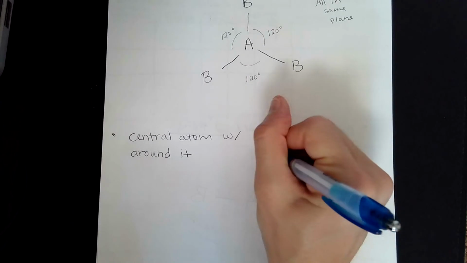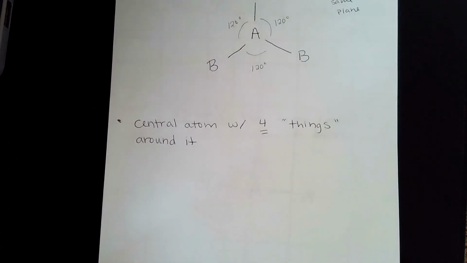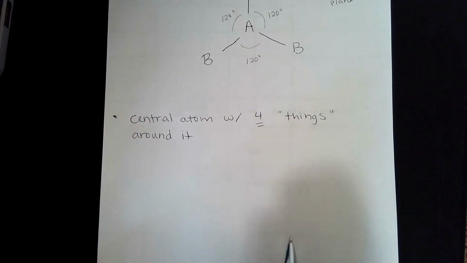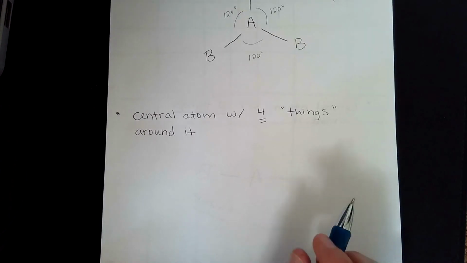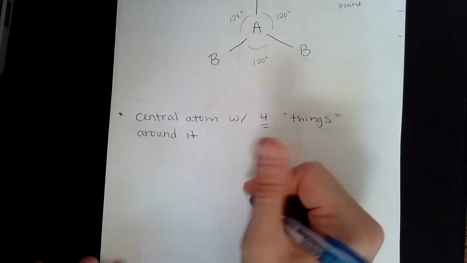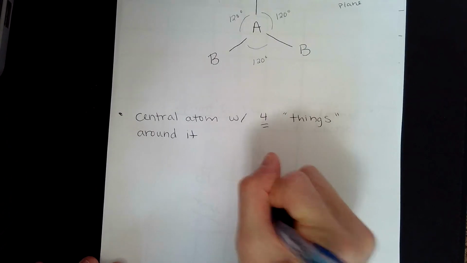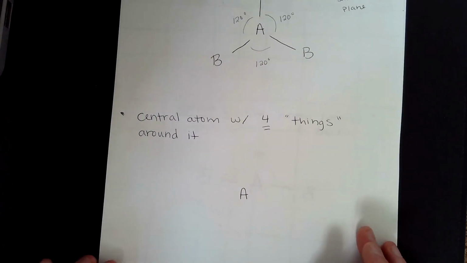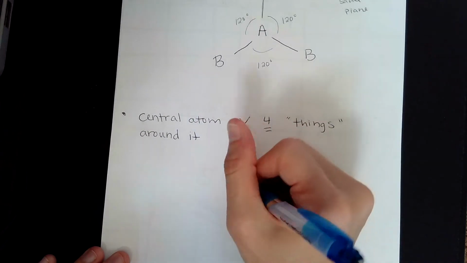Now let's look at if we have four things. Remember, we have 3 dimensions to move, not just 2. So when we have 4 things around our central atom, they're going to form the shape called a tetrahedron.